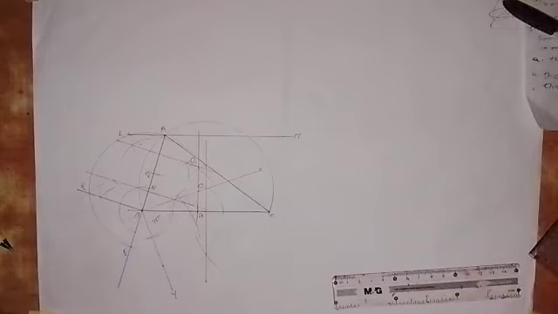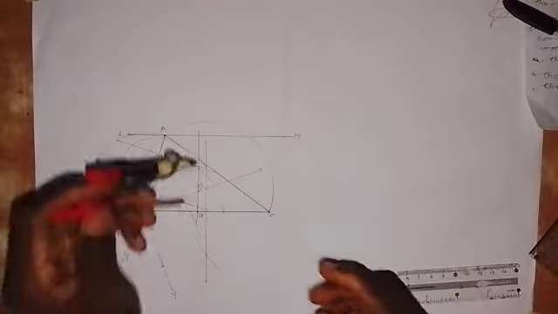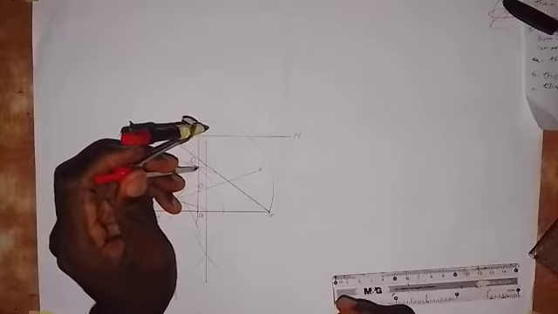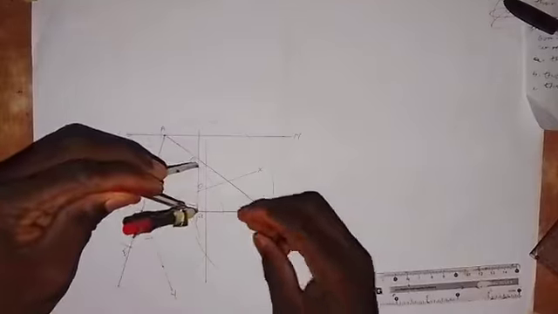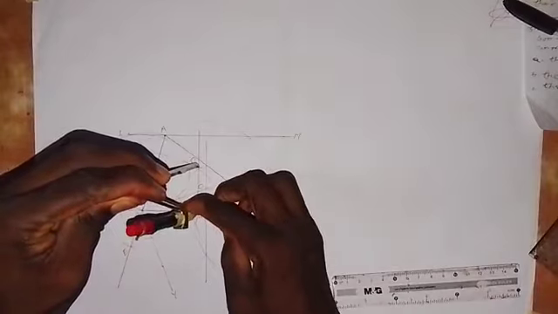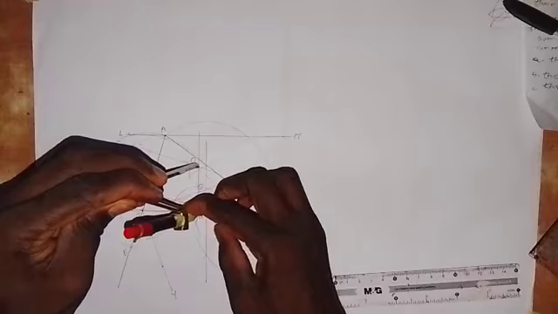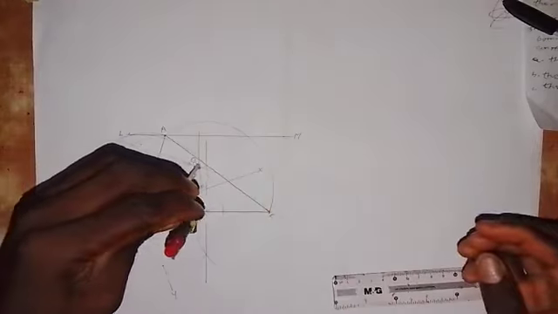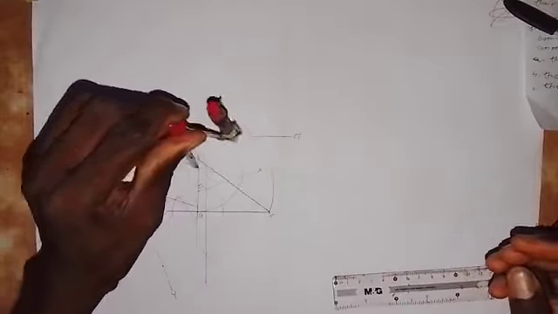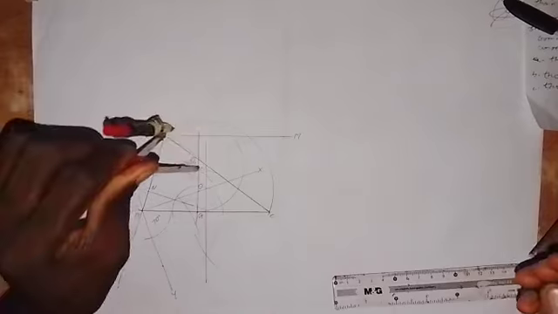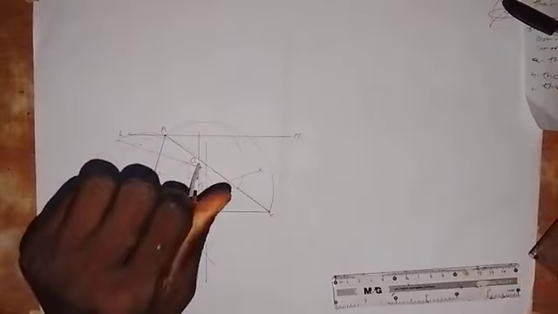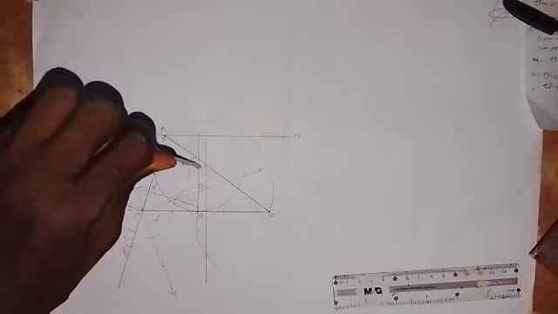All right, so the next thing that we are going to do is put the pinpoint of the compass at this point, O1, and extend the pen point to point G. Then I'm going to draw a circle. So the circle goes like this, passing through point A and passing through point D. So this is the circle.